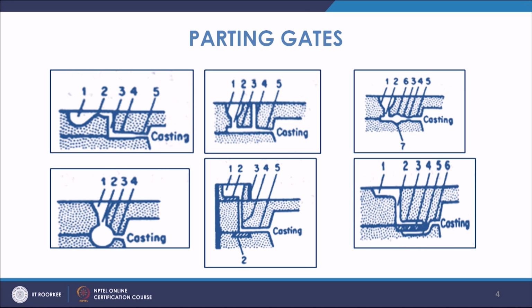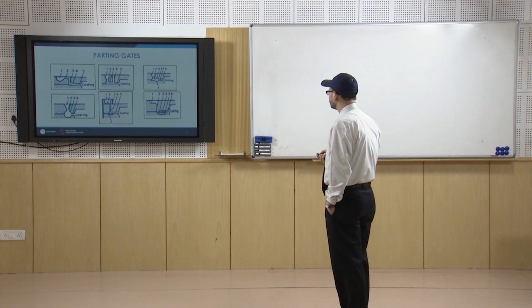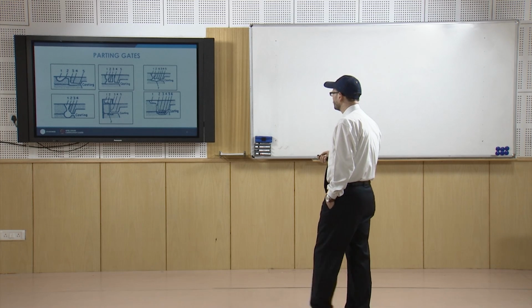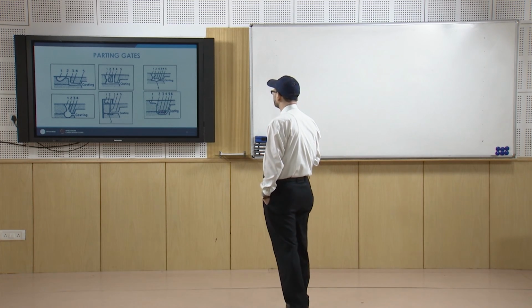So, if there is shrinkage in the cavity, this shrink bob serves the purpose of feeding the liquid metal in that case.